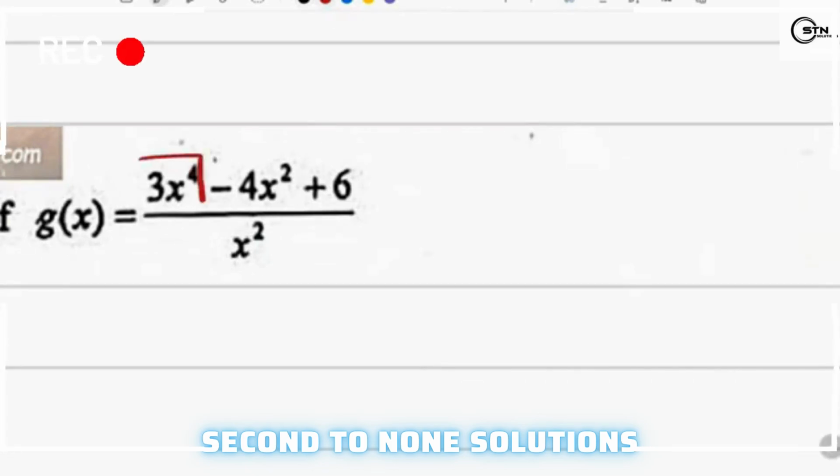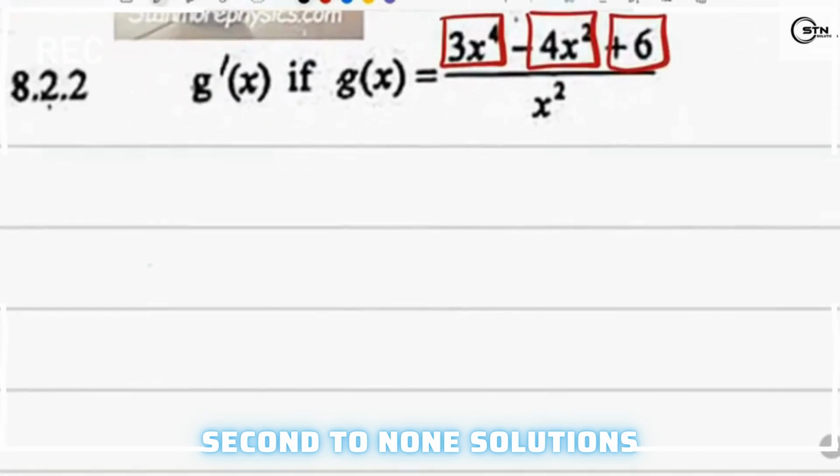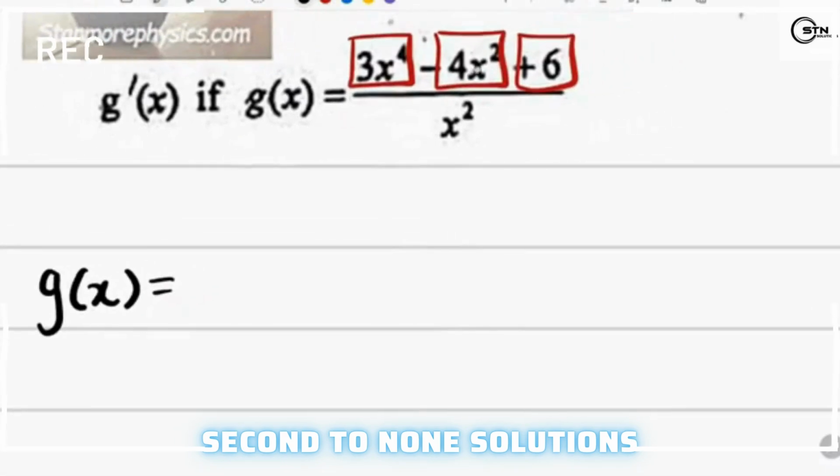Do you see that you have 3 separate terms and all of them are being divided by x squared? We can actually expand that. So how they came about to be like this is because they were probably written like this before. So it was g of x is equal to 3x to the power of 4 over x squared.